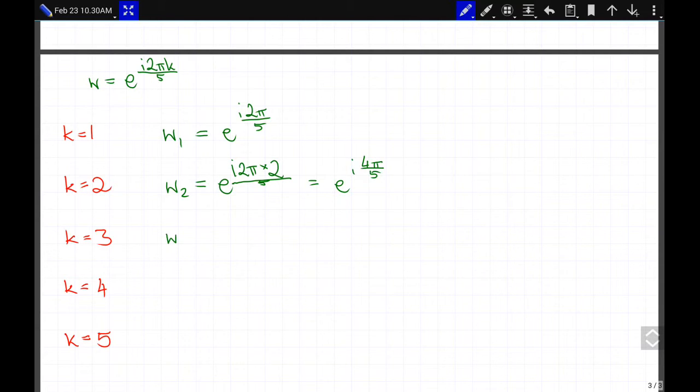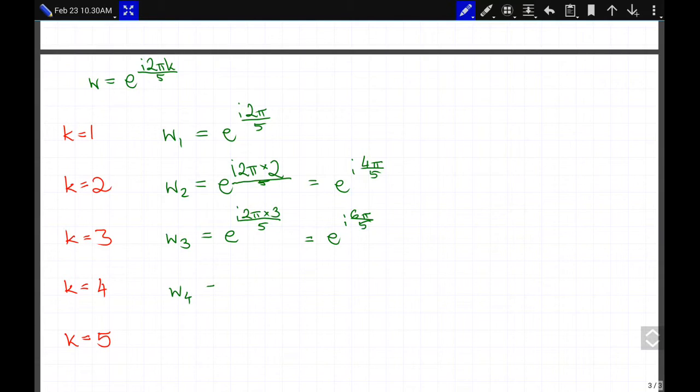Then our w3 is e to the i 2 pi times 3 over 5, and that is e to the i 6 pi over 5, and so on.